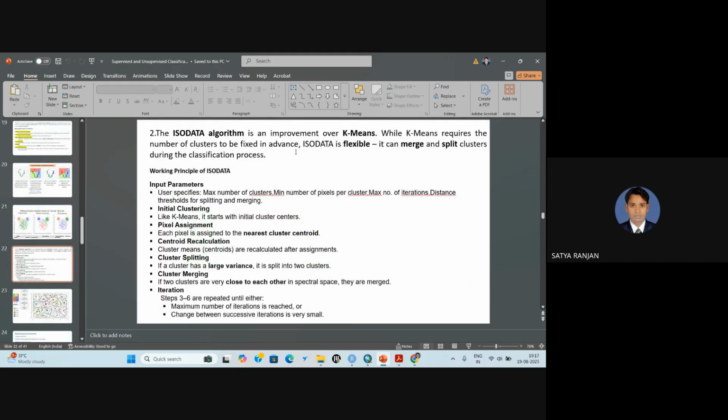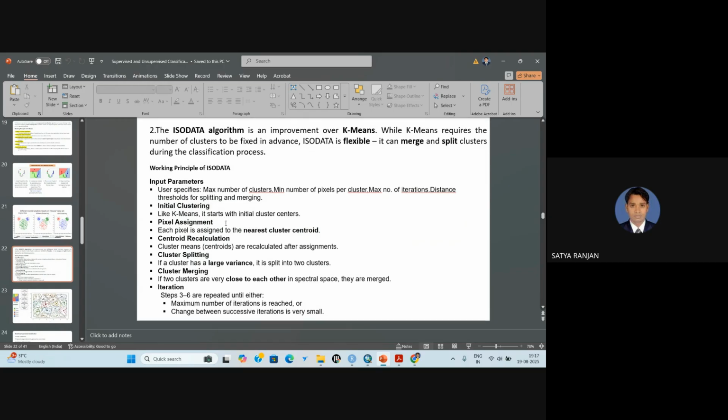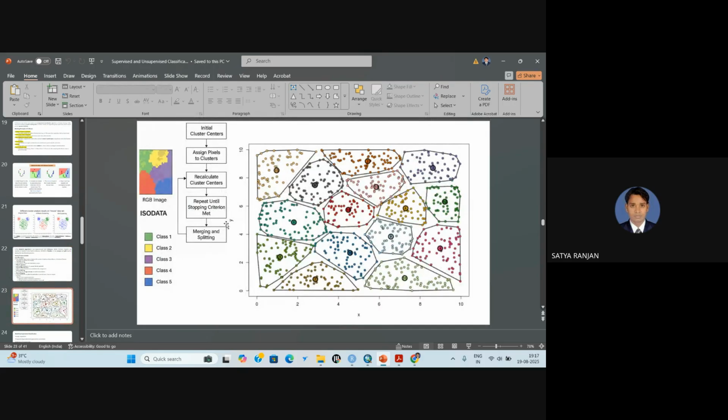Like k-means, ISODATA also requires the number of clusters to be fixed in advance, and it iterates three or four times to finalize the classification. So this is ISODATA, it just iterates. This video shows how the boundaries are created in different ways.